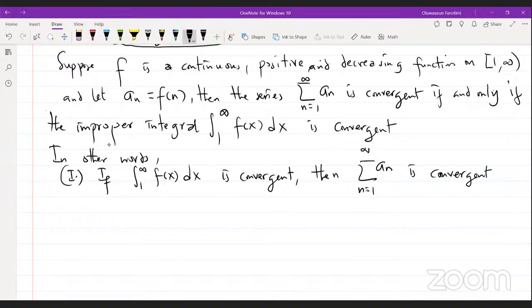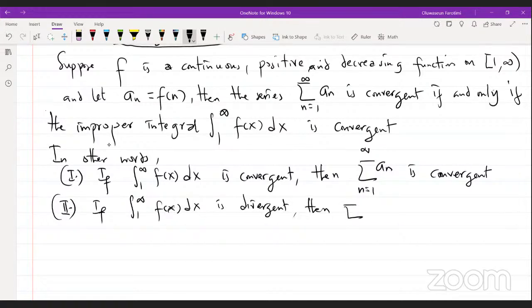I'm going to explain more in a little bit. Number 2, if this improper integral is divergent, then this series is divergent.